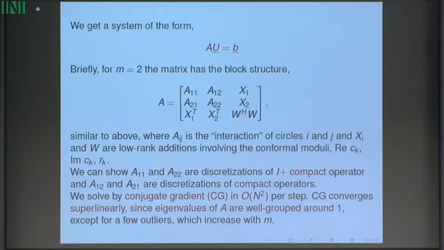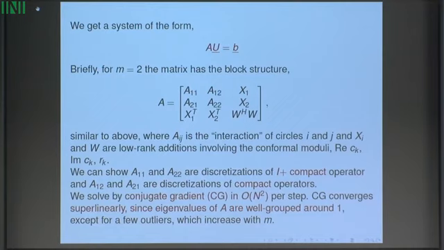Again, these diagonal blocks are nice. They're like identity plus compact and discretization, and the off-diagonal things are like discretization of compact, and the border stuff is what pulls in the extra parameters, namely the real and imaginary parts of the centers and the radii.